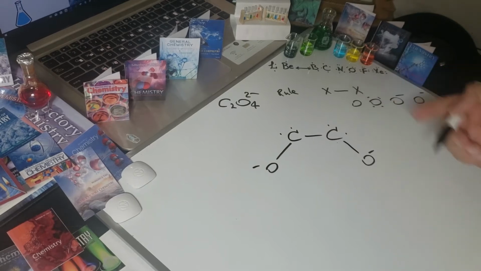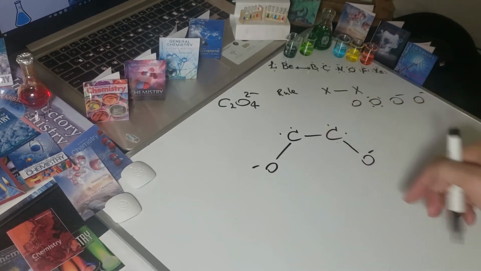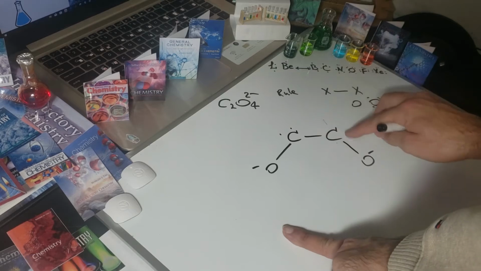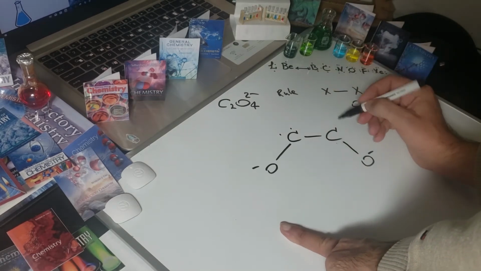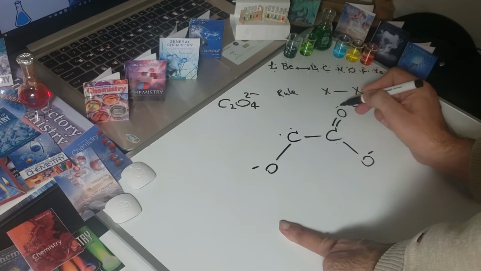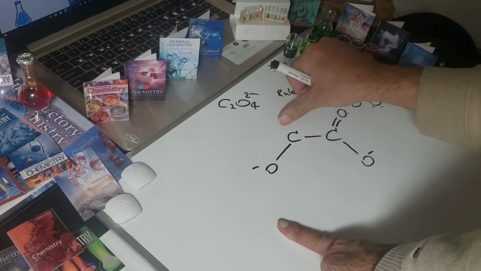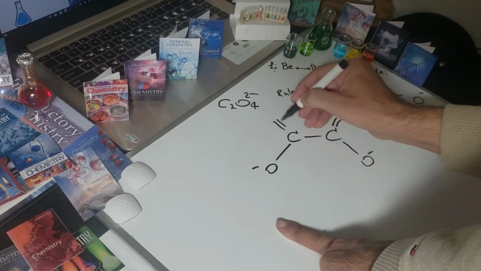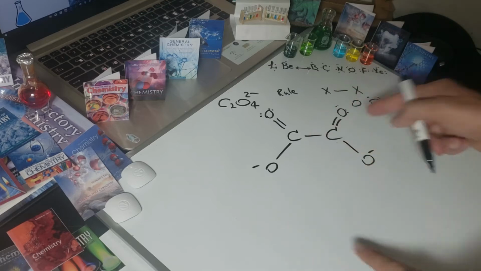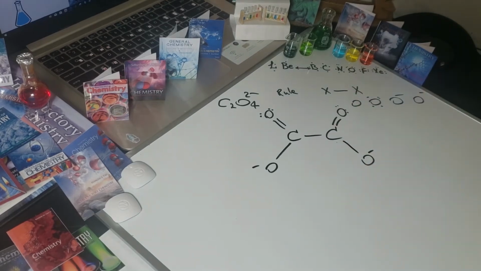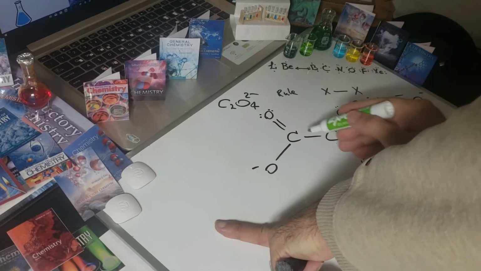Each O has 2 single reacting electrons, and on each carbon I have just the exact amount of 2 single reacting electrons, so I could make a double bond between one of the oxygens and another double bond between the other to satisfy not only both of the carbons but also both of the oxygens. So that's the structure.